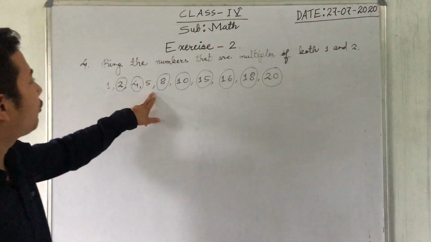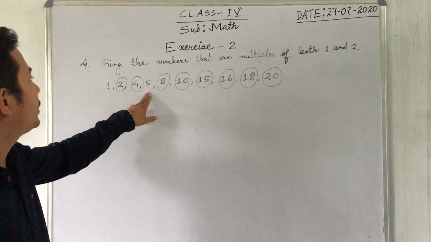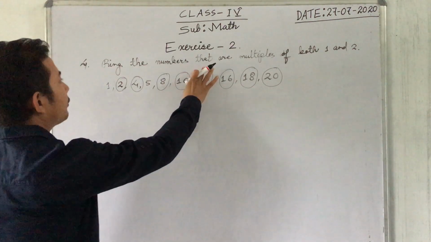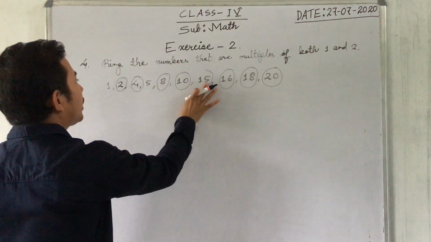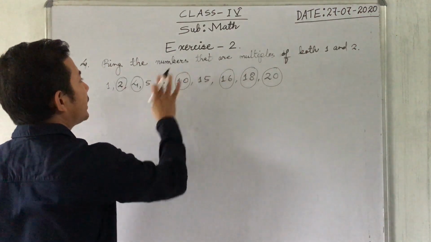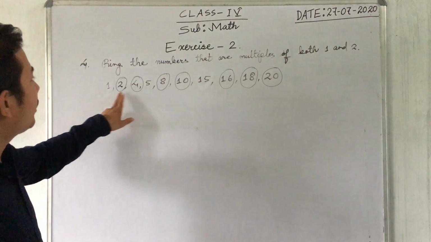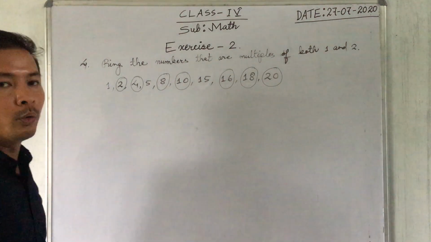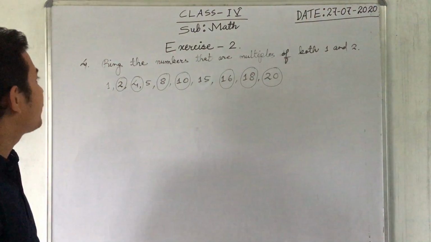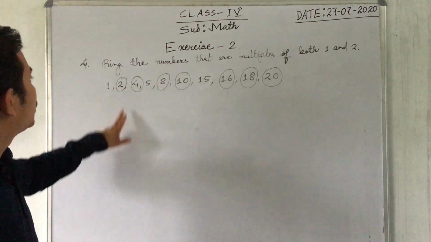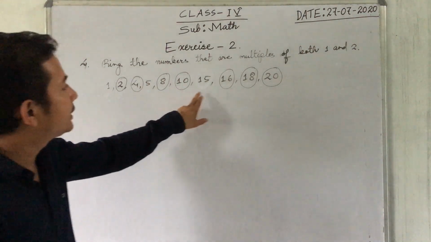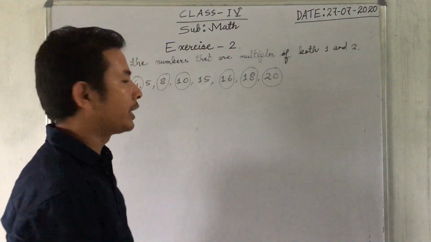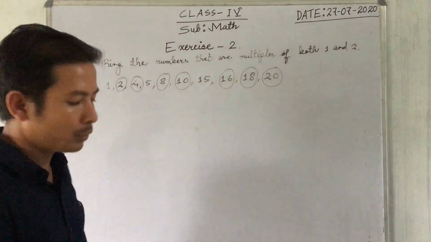But 1, 5 and 15, these three numbers are not multiples of 2, so we cannot ring them. But 2, 4, 8, 10, 16, 18 and 20 are multiples of both 1 and 2, so we must ring them. Understood? This way you have to do.